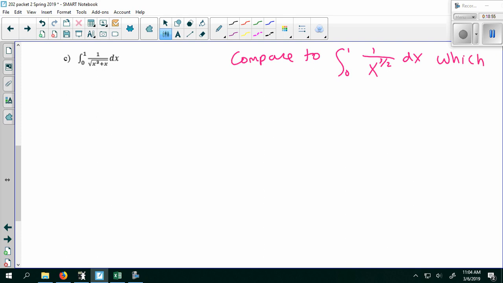What does that do? Converge or diverge? It's different when the bounds are 0 to 1 than when the bounds are a number to infinity. It's like the opposite of what we've done so far. So this diverges, because the bounds are 0 to 1.